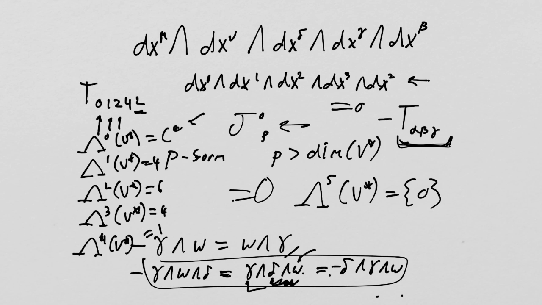If you have an even number of interchanges, you won't change the sign. The sign will change and then change back an even number of times. But if there's an odd number of interchanges, 1, 3, or 5, you will change the sign from positive to negative, or vice versa. And so that is basically the structure of how the wedge product works in the most rote and straight-up way.